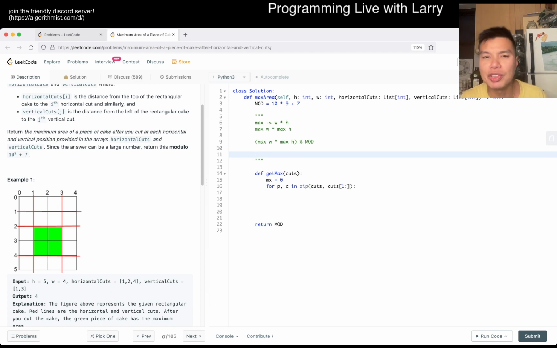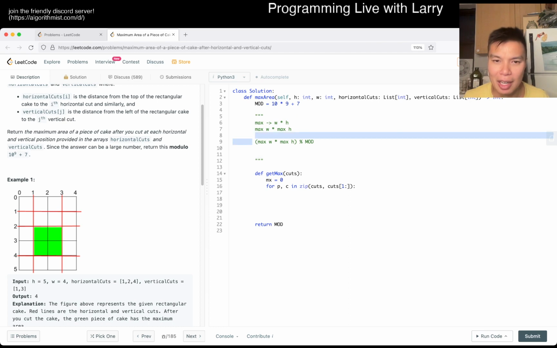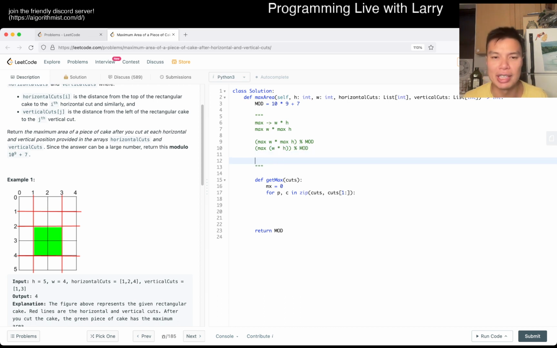what you cannot do is you want to do this max, or maybe even max of W times H as the original formula. What you don't want to do is by accident take the max after you mod, because then you may get the wrong answer, right?